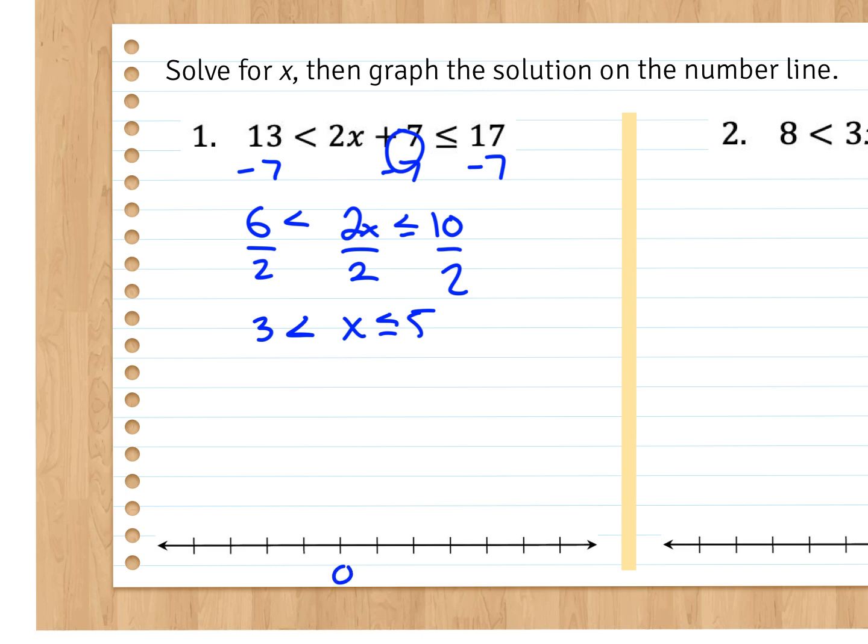So when I look at my number line, 3 is an open circle, less than x. 5 is a closed circle because of that equal sign, because of less than or equal to. So between 5 and 3, that's going to be my only area of solutions.